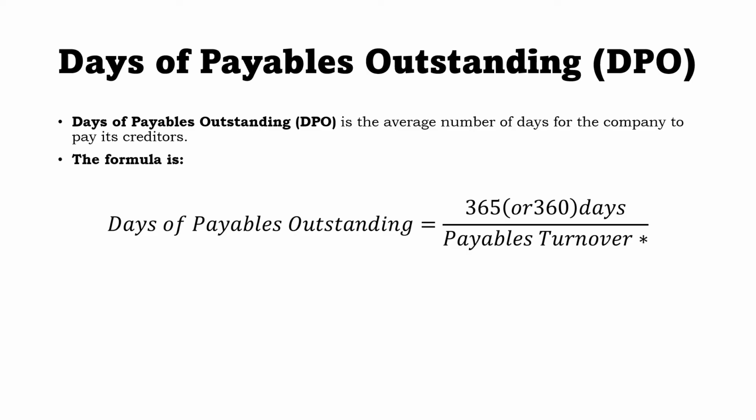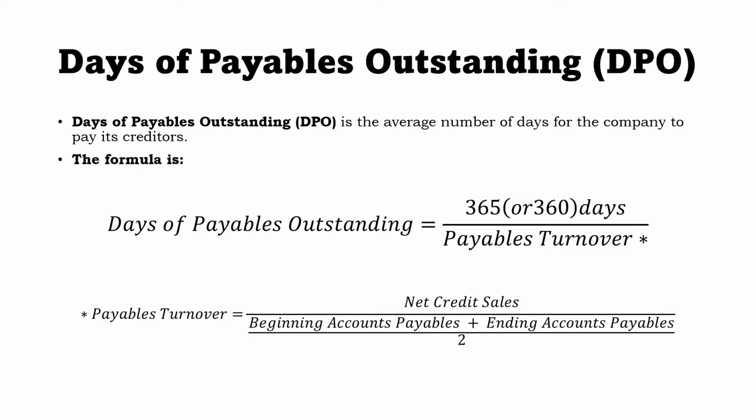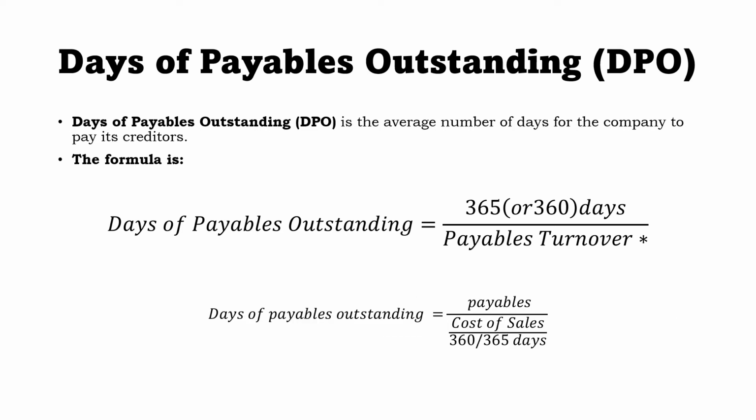Payables turnover can be computed by net credit sales divided by the sum of beginning and ending accounts payable divided by 2. Or days of payables outstanding is equal to payables divided by cost of sales over 360 or 365 days.